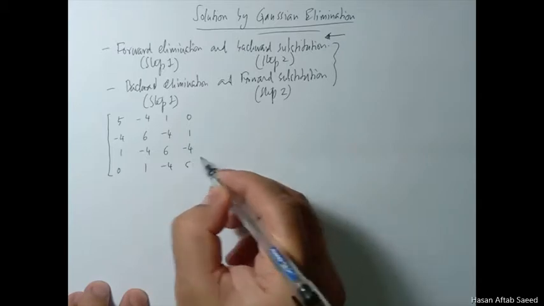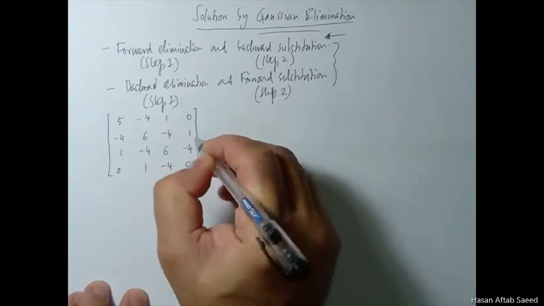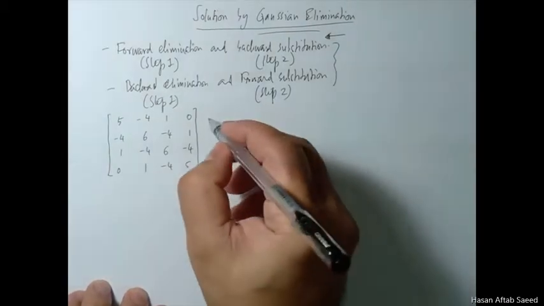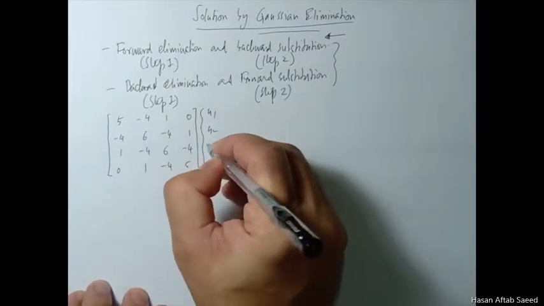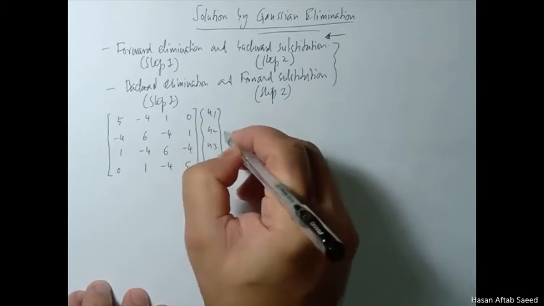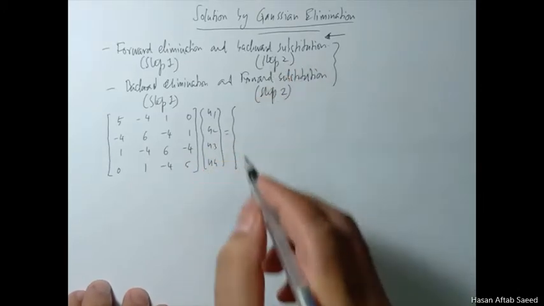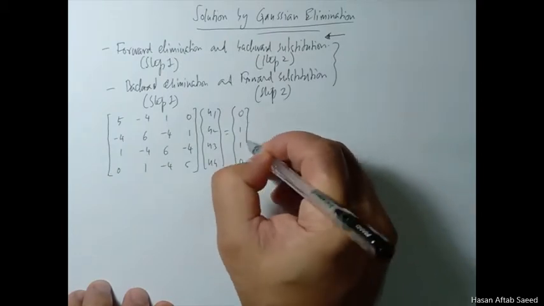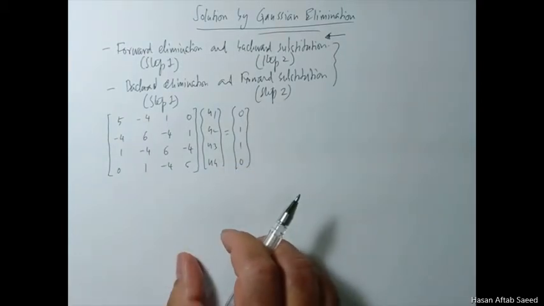The same steps will be taken in for real systems on an n into n size matrix. Now this is the matrix on which we are supposed to apply this Gaussian approach. The force vector is this one.